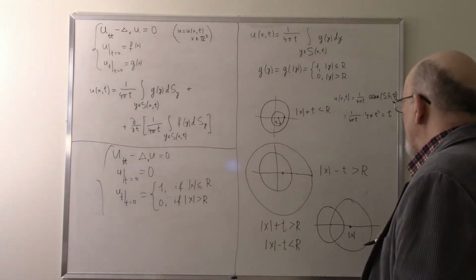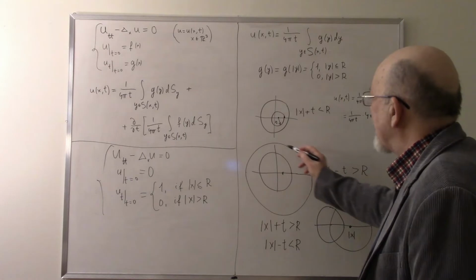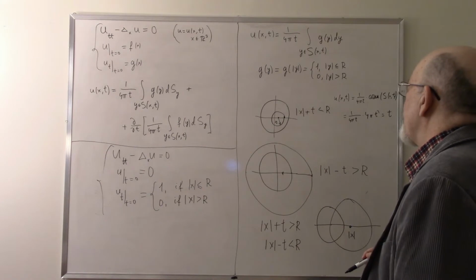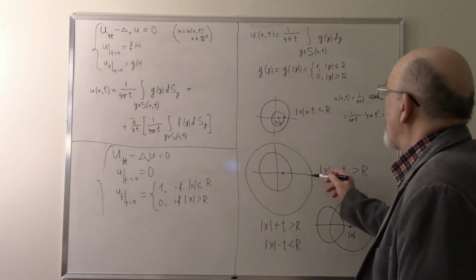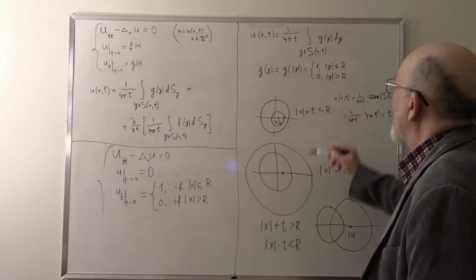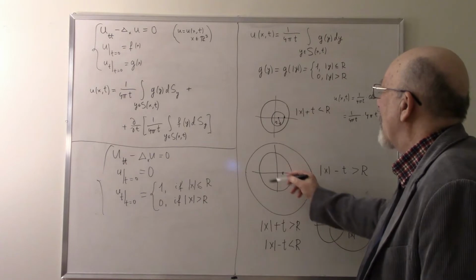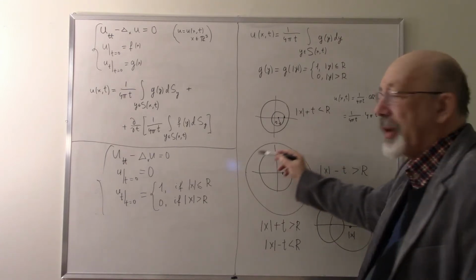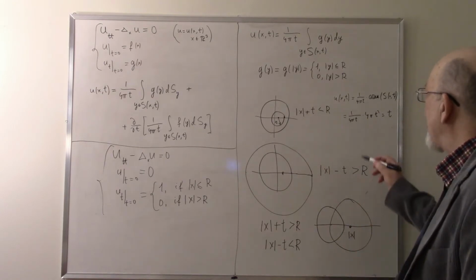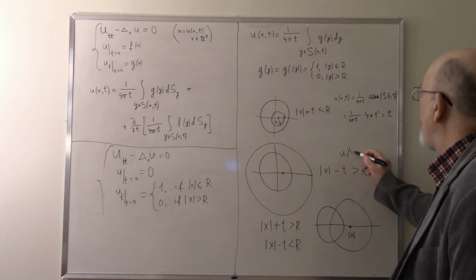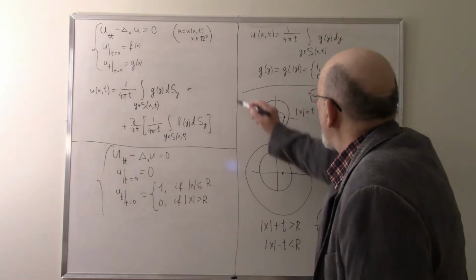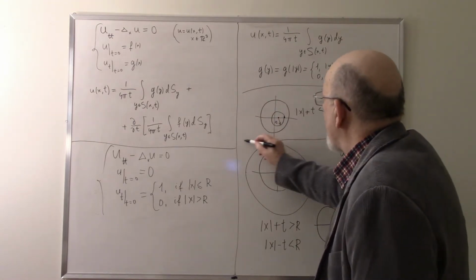The other situation: all the sphere of radius t, where this integration is done, is outside of the sphere of radius r. So everywhere here the function g is 0. So in this case u of x, t equals 0. Let me divide these two cases.